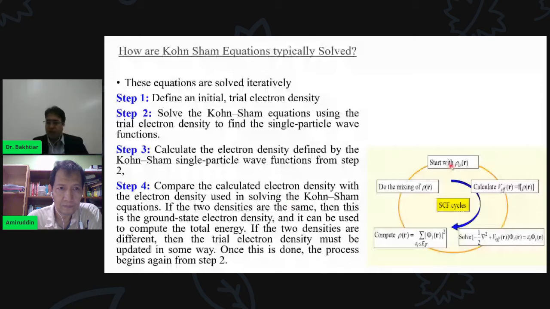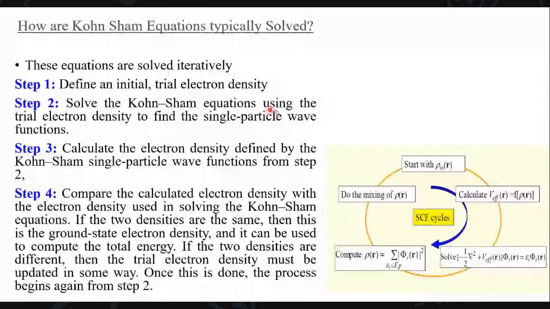And from this effective potential, by solving the Kohn-Sham equations, the single particle wave function is generated here, and then from the single particle wave function, a new electron density is derived in step 3.